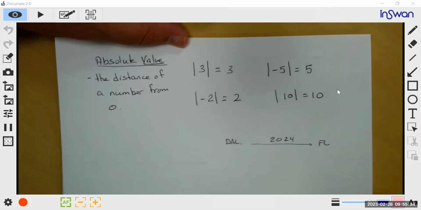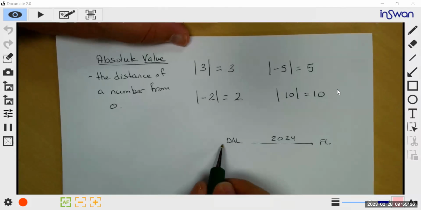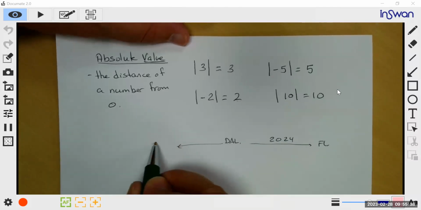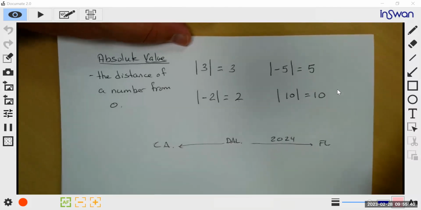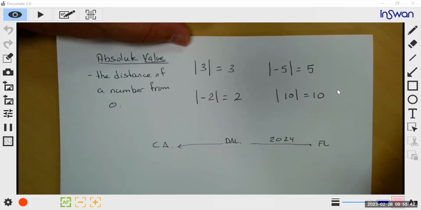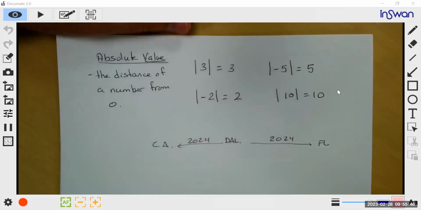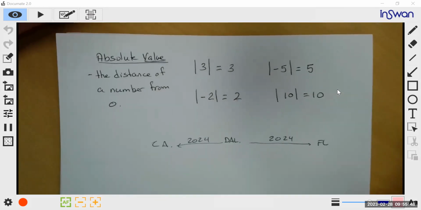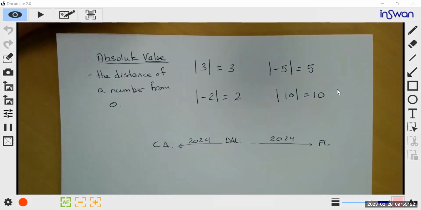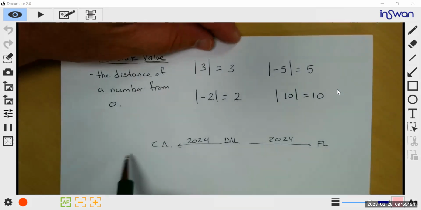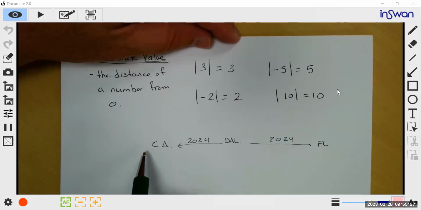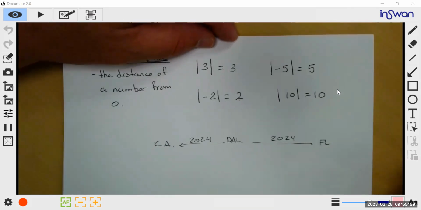It's a long distance. How about from Dallas to California? How far is that? Let's say that's about the same, because we're almost in the middle. What's so great about Texas is no matter where you go, it's practically the same distance. And if we lived in Florida, we'd have to fly 8 hours to get to California. But here we only have to fly 3 or 4 hours.